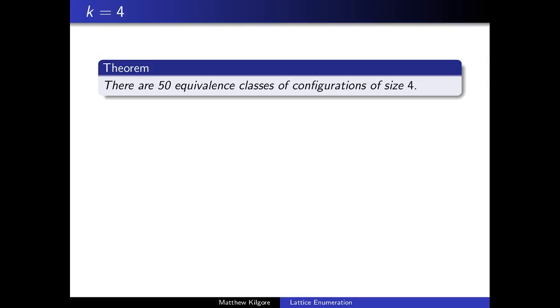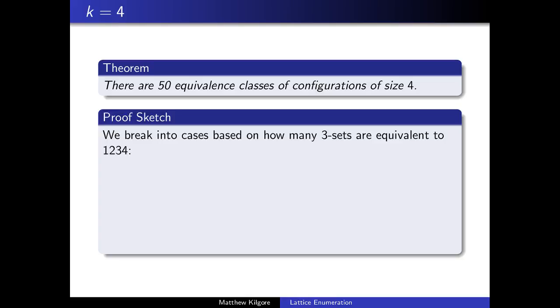Now, the main result of the paper Davis wrote before was that there are 50 equivalence classes of configurations of size 4. The way he proved this was to break into cases by the number of 3-sets that were equivalent to 1234.